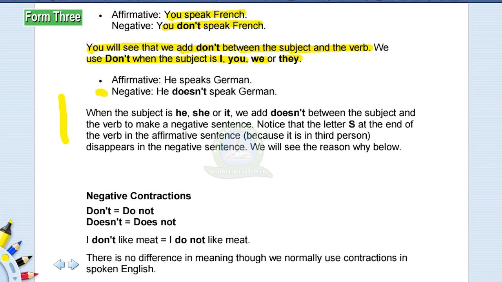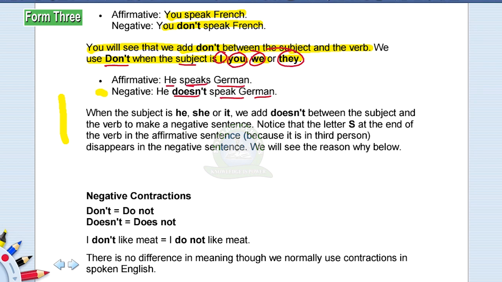Okay, yes. Thank you very much. Look: use don't with the subject I, you, we, or they. Okay? Affirmative sentence: he speaks German. Negative sentence: he doesn't speak German.